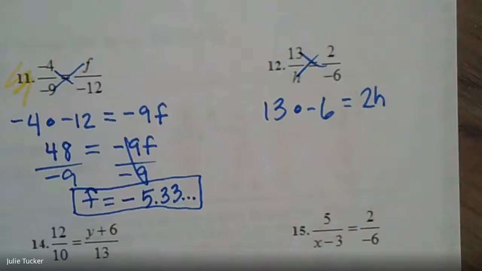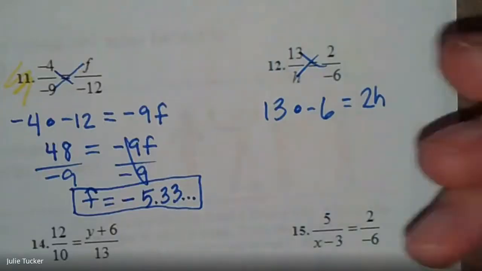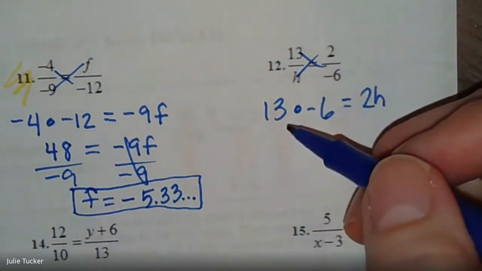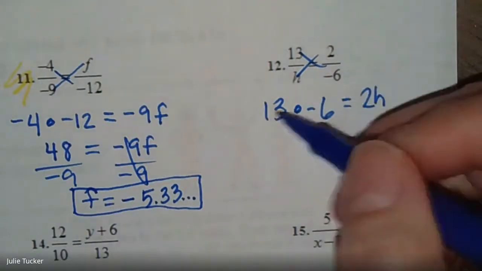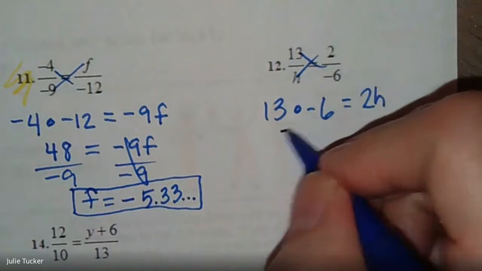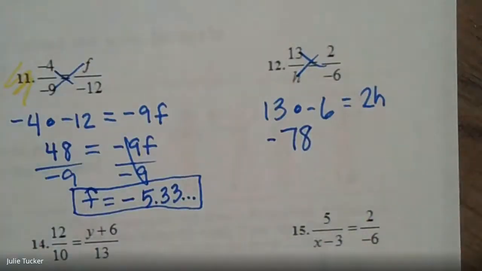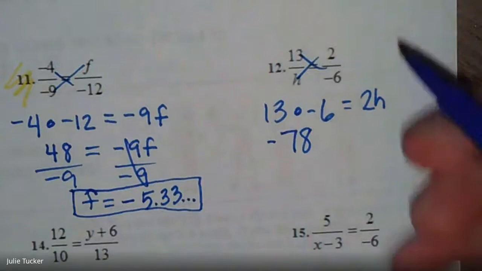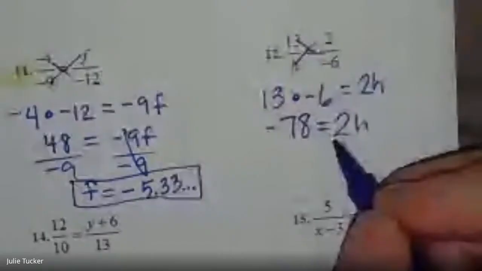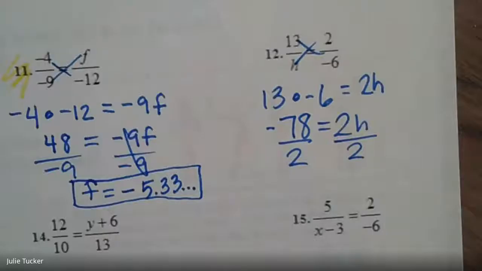Well, 3 times 6 is 18, right? So 30, just kidding, 60. 60 and 18 is 78. And that's negative. And then that equals 2h.